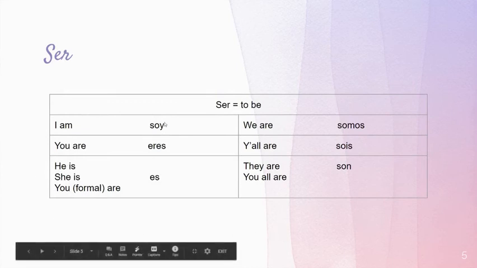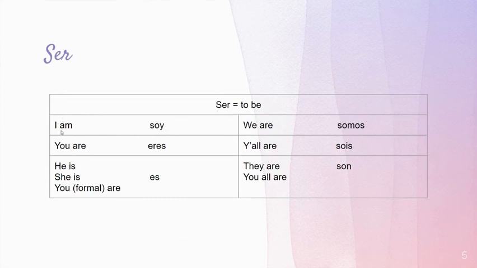When we conjugate the verb and put it into the different forms, we're saying I am, we have soy; you are, the tú form, is eres; he is or she is, or you are if you're using the usted form, is es; we are, that's somos; y'all are or you all are is sois. Once again, this is the vosotros form, primarily used in Spain.